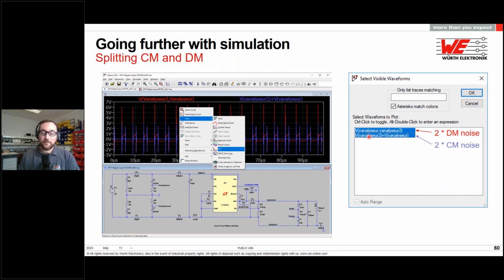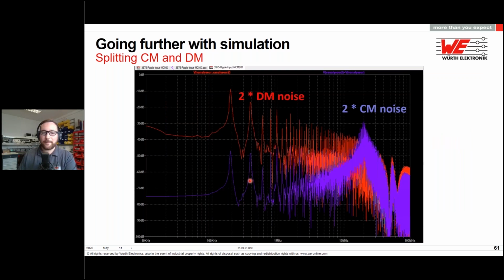You can even divide it by 2 to display it directly. And this gives you this kind of display. This is kind of magic for many designers, to have the split of differential mode and common mode noise. And it really helps you to understand what is the dominant contribution to your EMC trouble. So yes, EMC is not witchcraft, it's just a science.